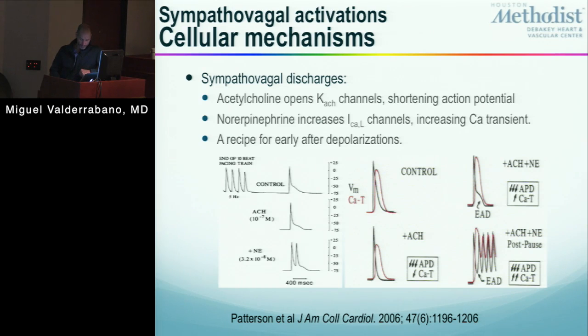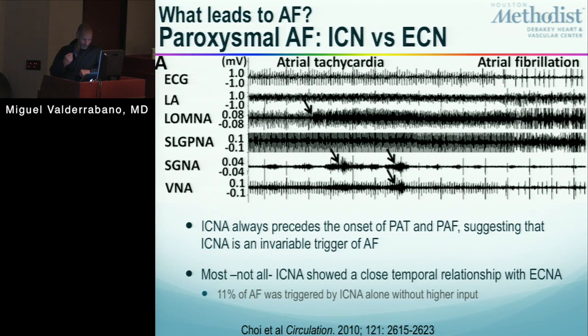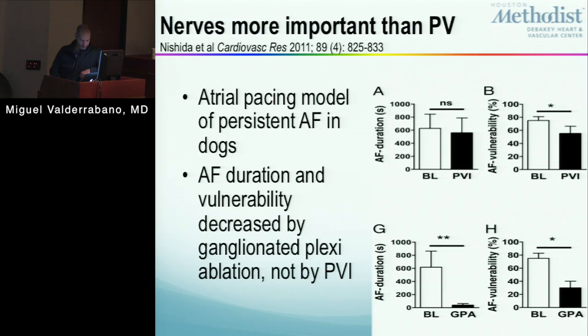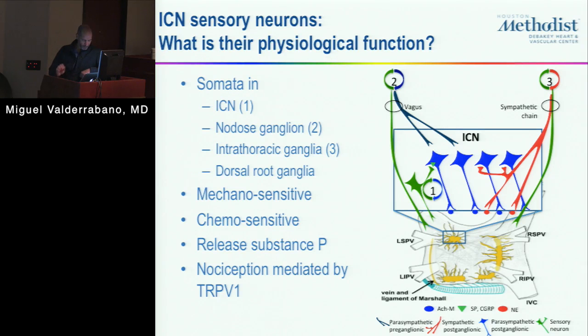It's also known, when you measure electrical activity not only of the vagus and the stellate ganglion but also the ganglia inside the heart, that the ganglia coating the left atrium discharge before the onset of atrial fibrillation. I'm going to skip a few of these slides to take you to what we have been doing to test this neuromodulation hypothesis of AFib.